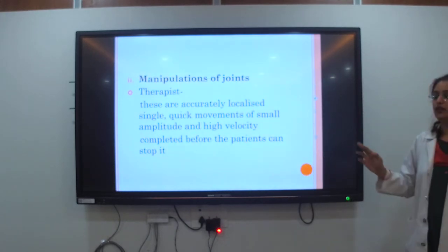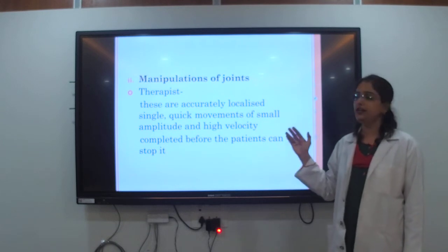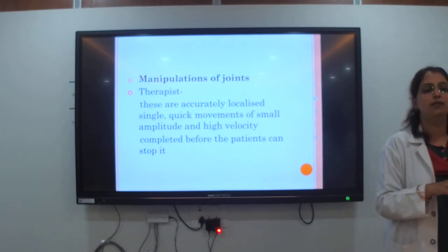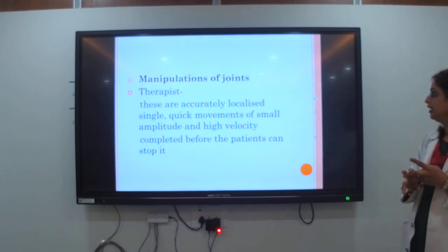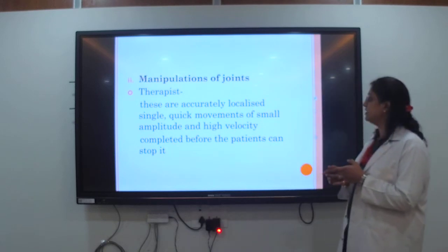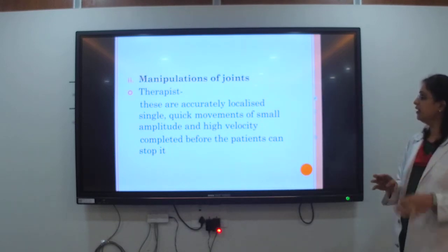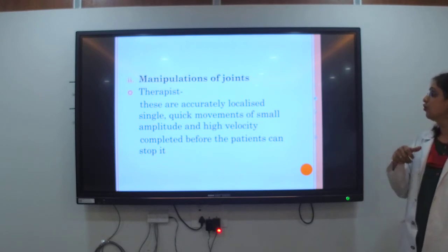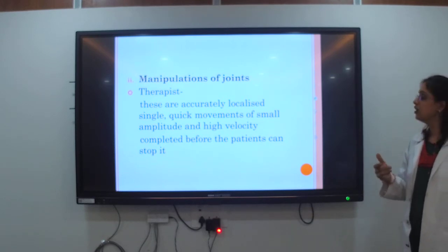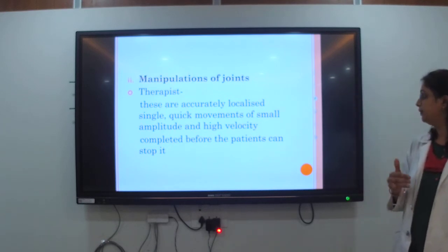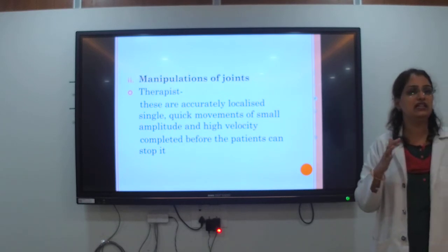Now, manipulation of joint. Manipulation is given by therapists as well as by surgeons. When the therapist is giving it, these are accurately localized single quick movements of small amplitude and high velocity, which are completed just before the patient can stop them.